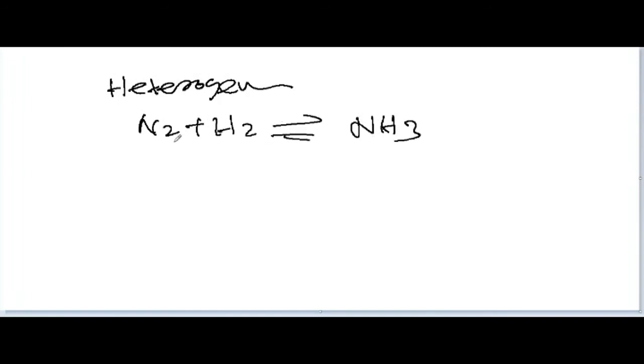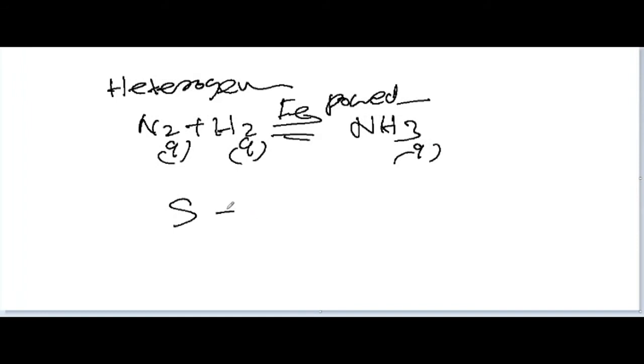Then consider heterogeneous catalytic activity. Heterogeneous means, consider nitrogen plus hydrogen, the Haber process, ammonia production. This is gaseous, this is gaseous, this one is also gaseous, but we use iron powder as the catalyst.